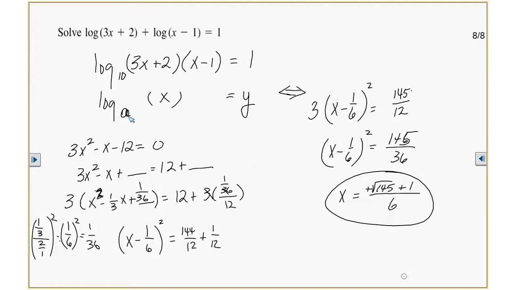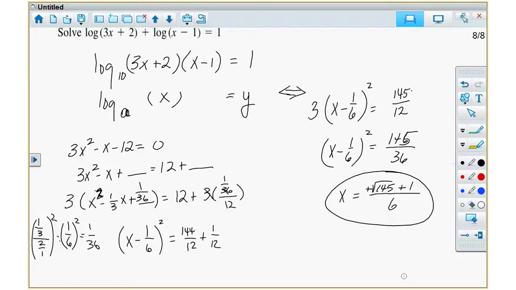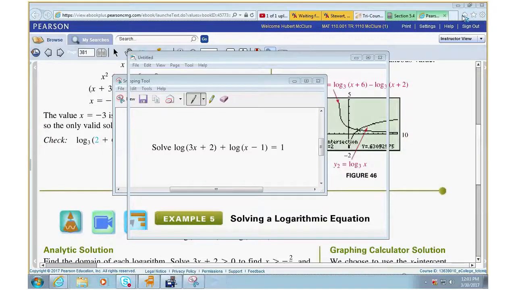Again, 80% of this problem is algebra that you've already done. Capiche?